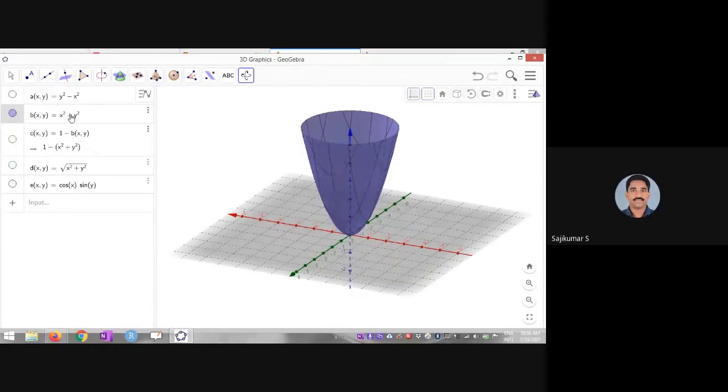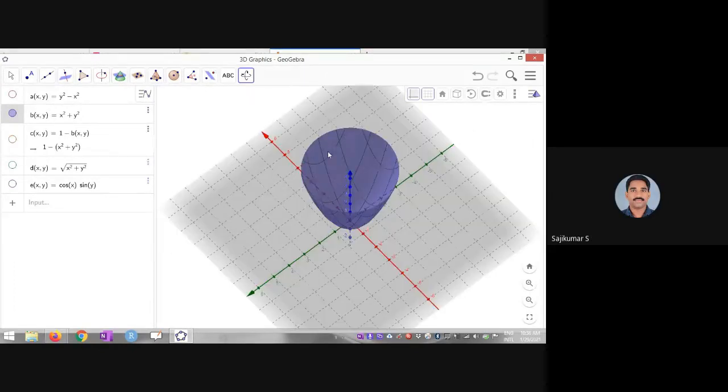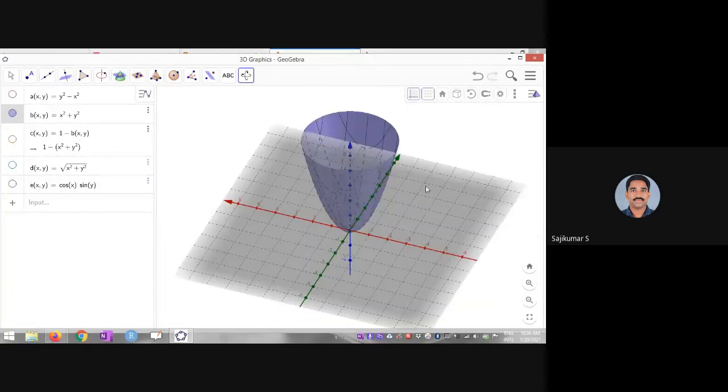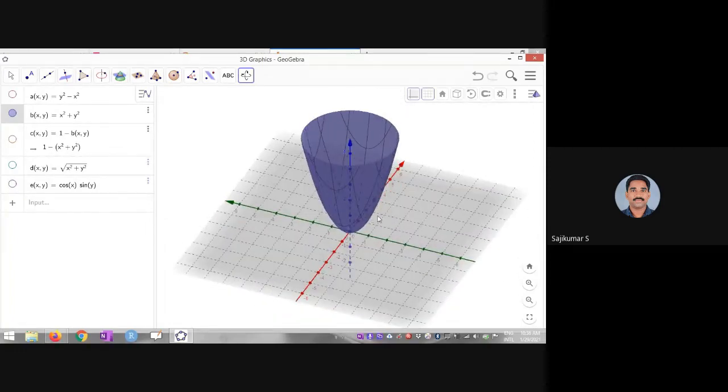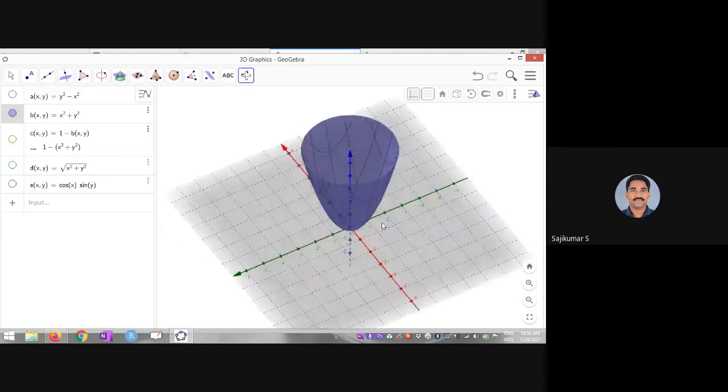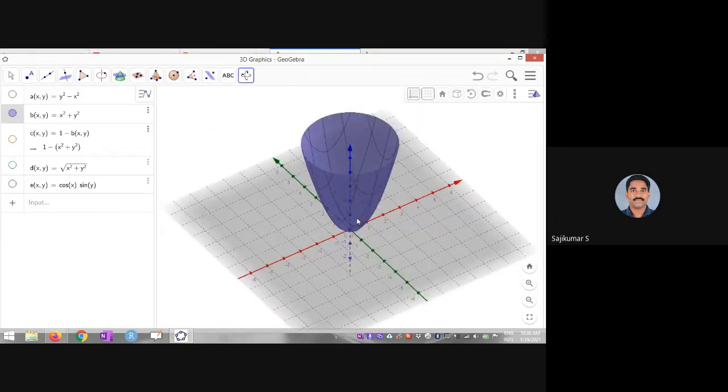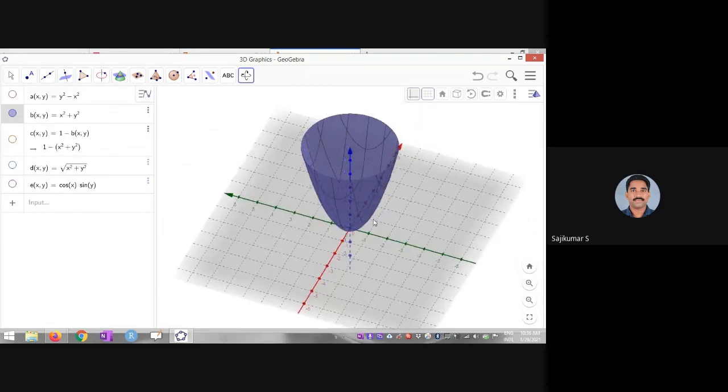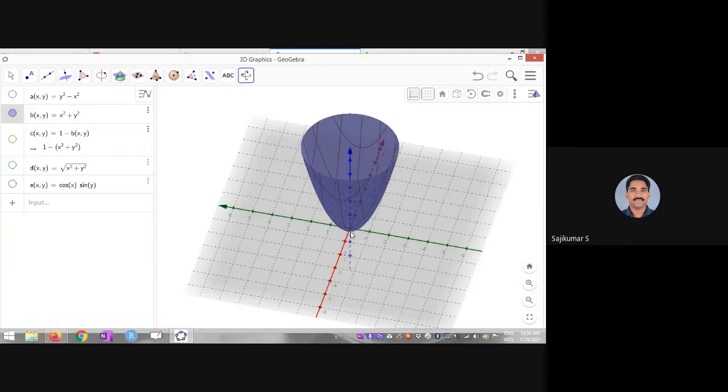So the first order partial derivatives are 0 for this function. This is a continuous function, so the first order partial derivatives exist, and we can expect a local maximum or local minimum at the origin.